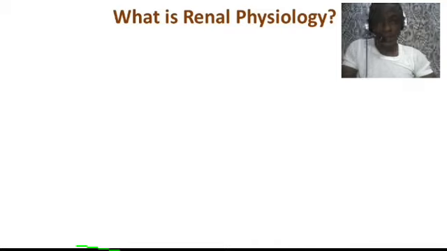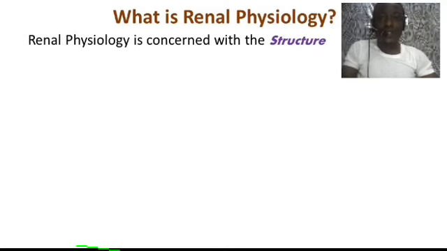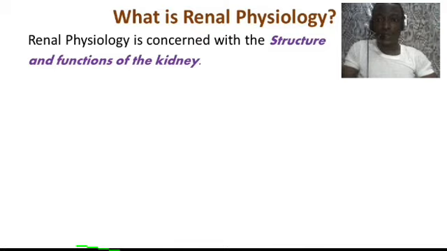Going forward, what is renal physiology? Renal physiology is concerned with the structure and functions of the kidney. Yup, it's about the human kidney. And to make things very simple, I would like to categorize the topics in renal physiology into modules.